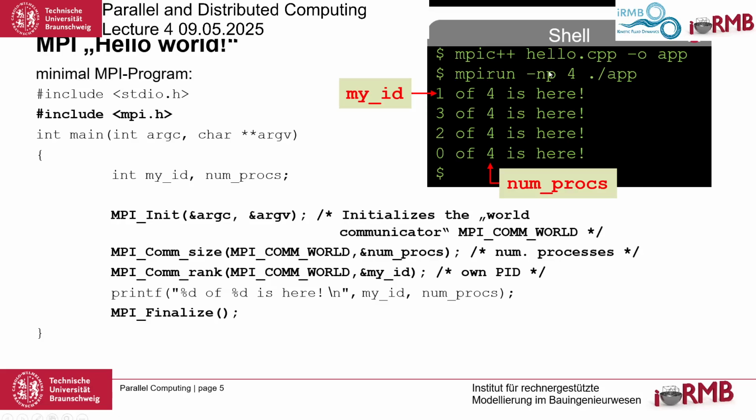So we need to compile this, and for this, of course, this depends on the MPI implementation that you are using. As I said, this is an industry standard, so there are different implementations.